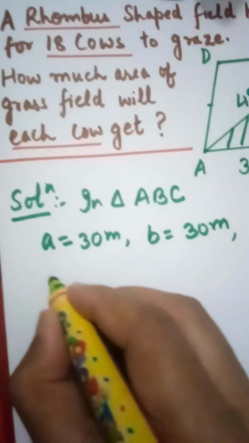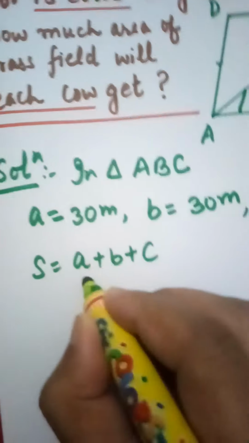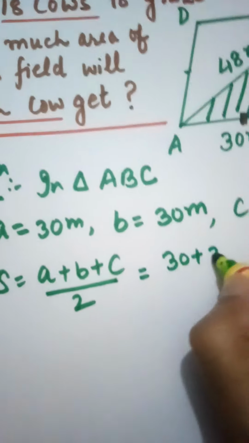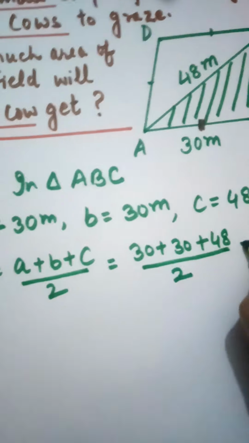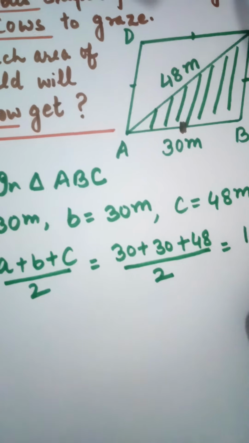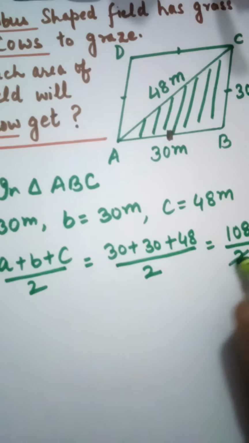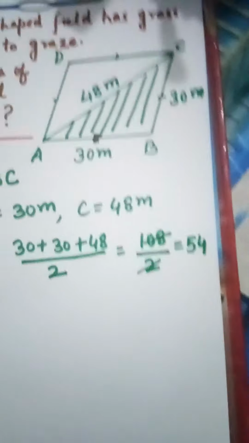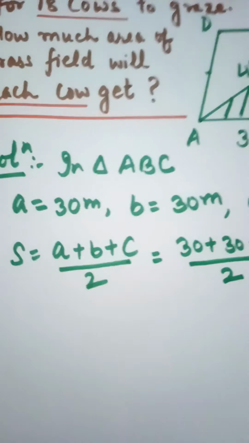Let's now go for S. S is equal to (A plus B plus C) upon 2, the semi-perimeter. So (30 plus 30 plus 48) upon 2. When you add all these, it is equal to 108 upon 2, and if you do the cutting, it will be equal to 54. So we have obtained S, the semi-perimeter.